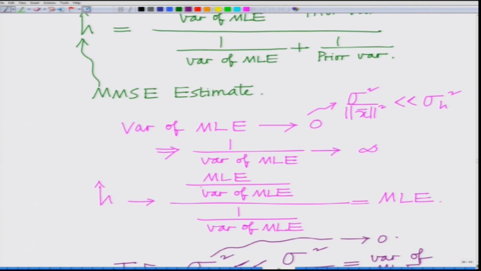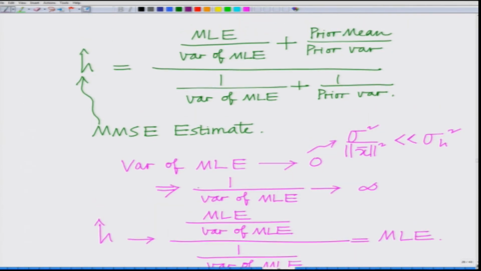So, that is what happens for the MMSE. There is a linear weighted combination of the ML estimate and the prior mean in the inverse ratio of variances.